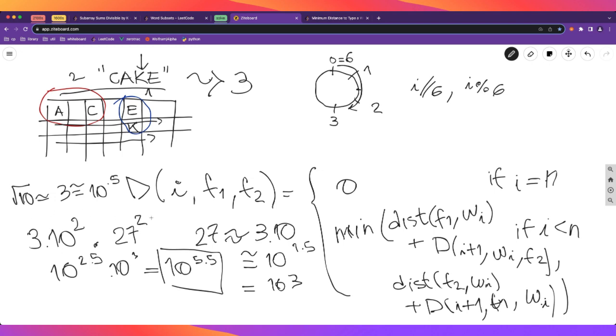And then we calculated how many subproblems there were so that we made sure that it was fast enough. We simplified the calculations to get it down to approximately a power of 10. We got 10 to the 5.5, which is very small.